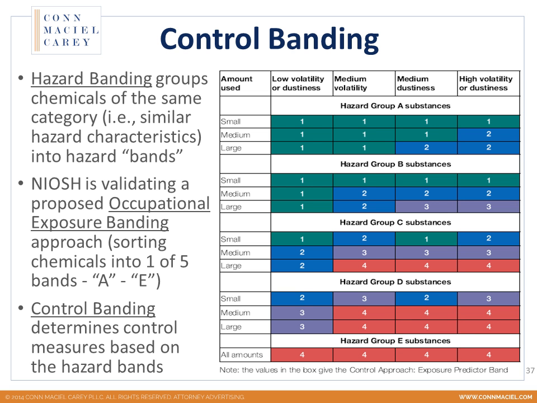OSHA is considering and asking for comment on using the concept that you see in the revised HAZCOM in establishing hazards and controls for those hazards in the context of regulatory limits. So they band together similar chemicals with similar hazard characteristics, and then they develop control measures based on those hazard bands rather than based on a specific single chemical.